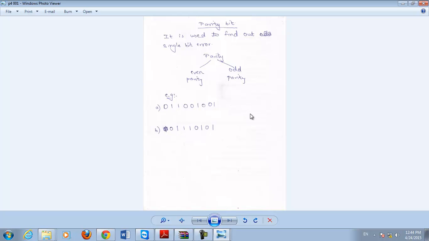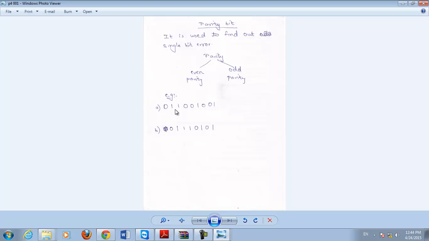Now at the receiver end, for example, you send this data with even parity. If instead of this 0, the user receives 1, then the number of ones will be 1, 2, 3, 4, 5. The number of ones will become odd, and by this the user can know that there is an error in a single bit.